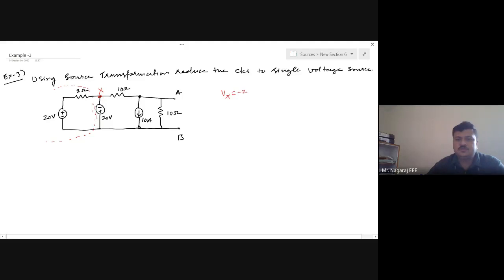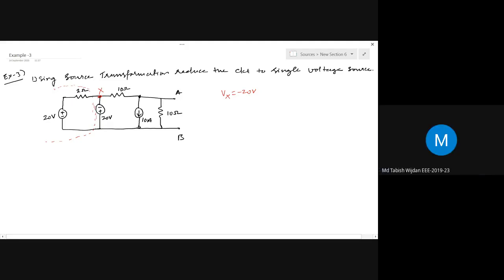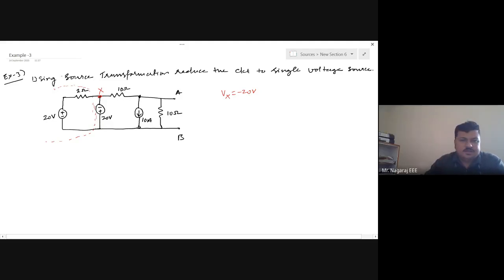Vx is equal to minus 20 volts, because X is connected to the negative terminal of this 20 volt battery. Now this 2 ohm and this 20 volts are coming exactly in parallel with the 20 volt source, just as we have seen in example 1.